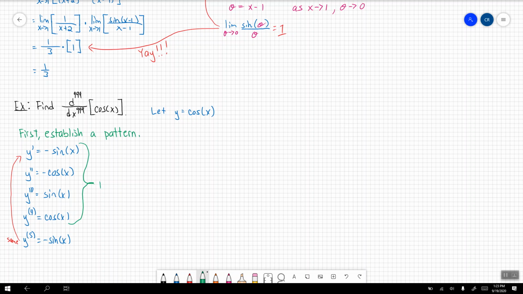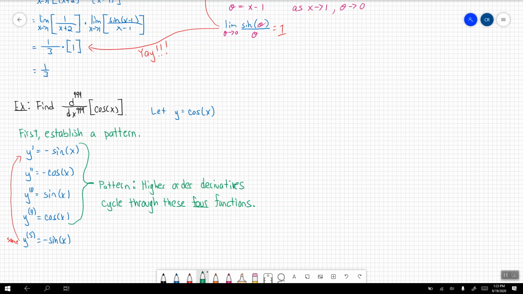So the pattern is that higher order derivatives cycle through these four functions.